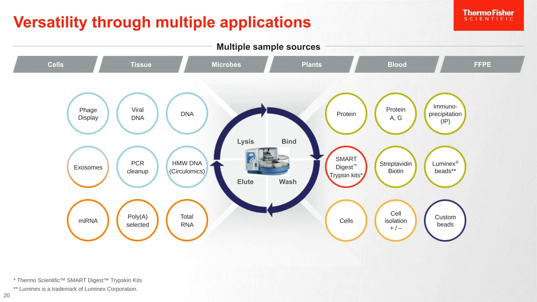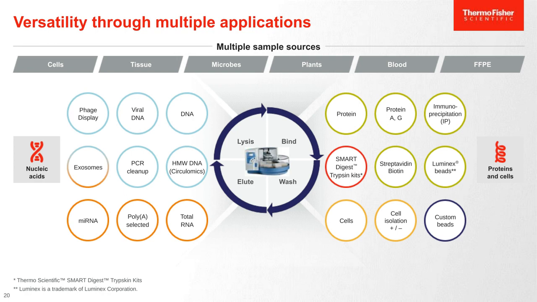To take that another step further, like I mentioned, is thinking about it from an applications point of view. We're currently doing viral testing for SARS-CoV-2, but you can also use it for more. You can see on this deck, the left-hand side is focused on nucleic acids. We've got beads and kits for PCR cleanup, high molecular weight, and other types of RNA extractions as well.